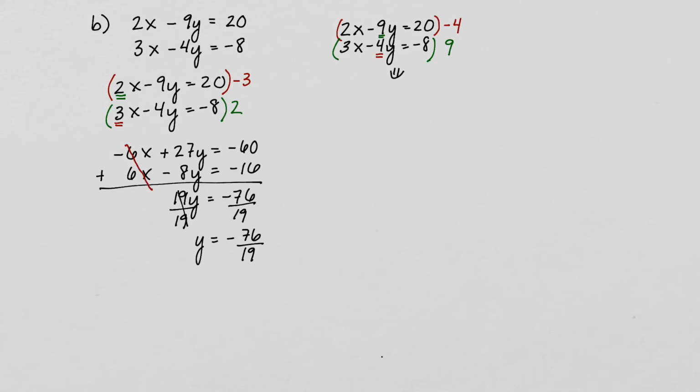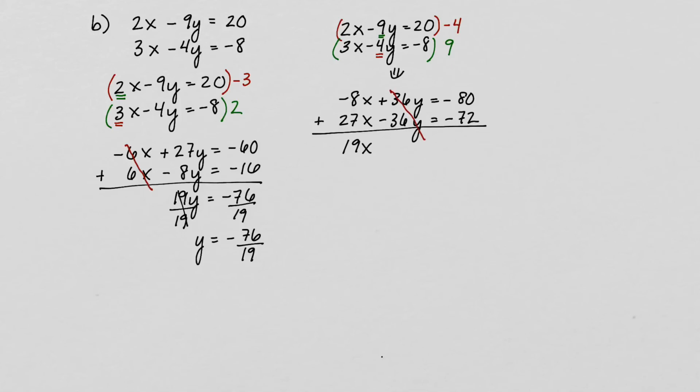So we end up getting negative 8x plus 36y equals negative 80. And 9 times 3 is 27x minus 36y. And 8 times 9 is 72, so minus 72. And if we add these together, negative 8x plus 27x would give me 19x.